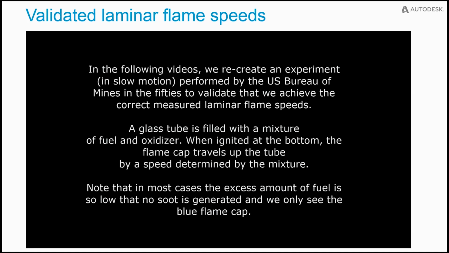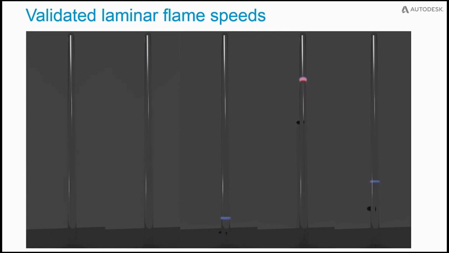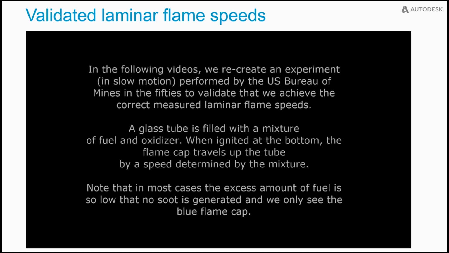So to validate the laminar flame speeds, we've also recreated an experiment digitally that was performed by the US Bureau of Mines in the 50s, and I briefly mentioned this earlier, that they performed these experiments of pre-mixed fuel and oxidizer to determine the laminar flame speeds of various mixtures. So we've, as I said, recreated this apparatus in Maya.